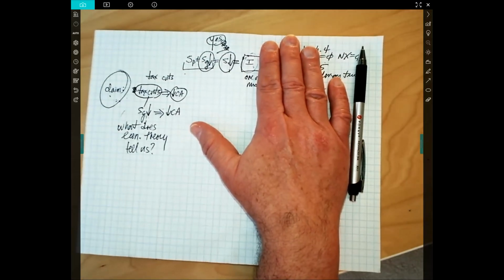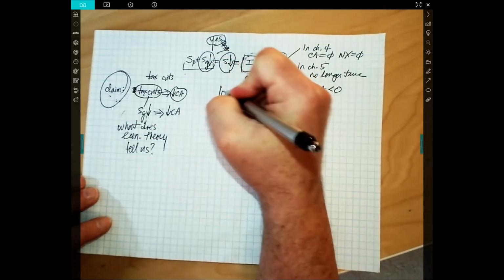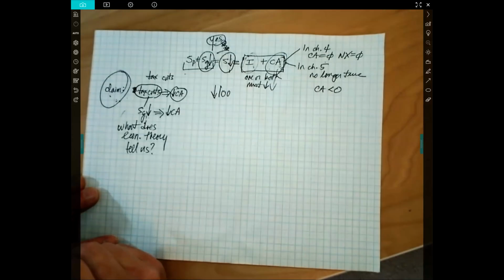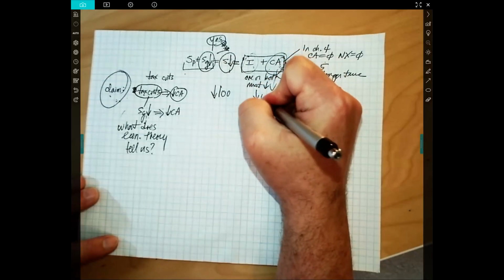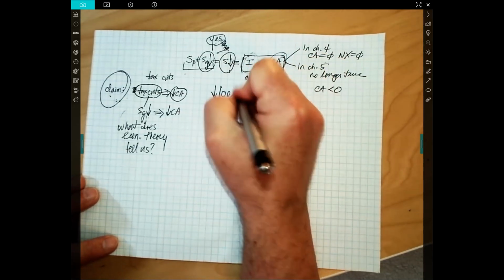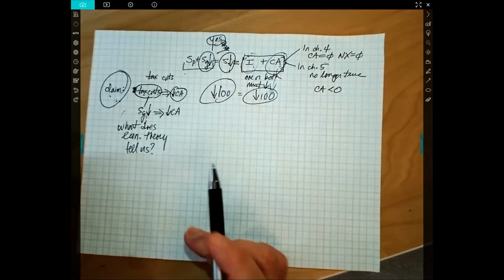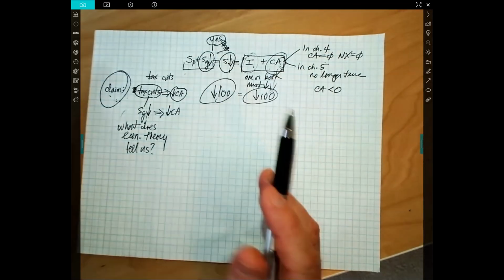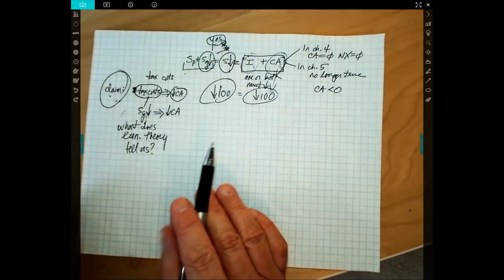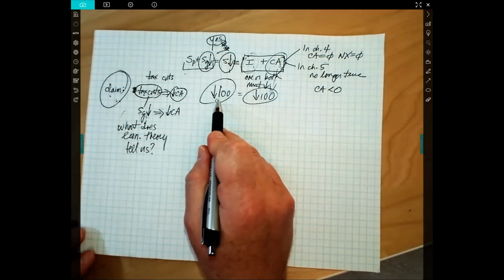That's what that says. We okay with that? If this goes down by 100, then this side has to go down by 100. That's what it means to have that equal sign in between. Just put a number there. Sometimes people get bogged down in letters and not having numbers. Doesn't matter what the number is. Could be 10, could be 1,000,000, could be 100, could be 45. Doesn't matter.